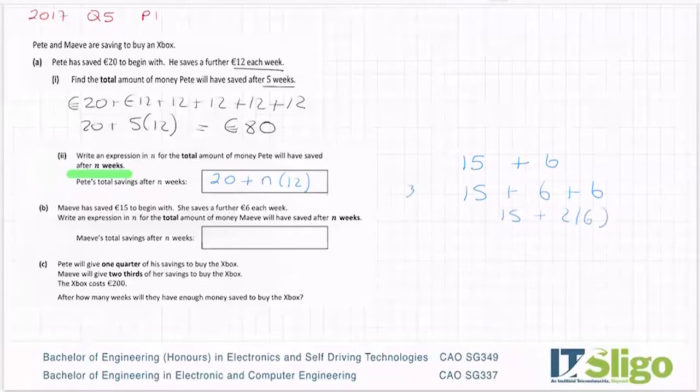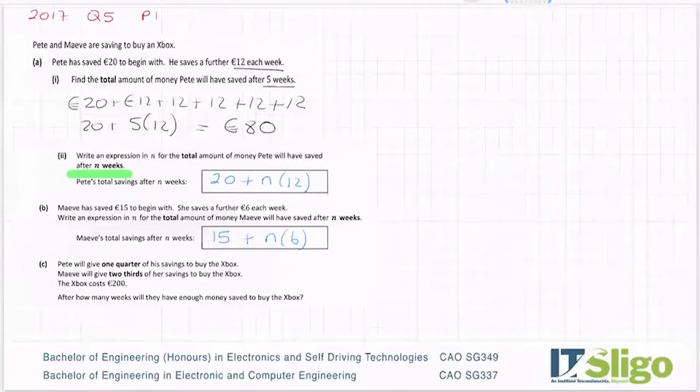In week 3, we're going to have 15 plus 6 plus 6 plus 6, or 15 plus 3 times 6. So therefore in week N, we're going to have 15 plus N times 6.